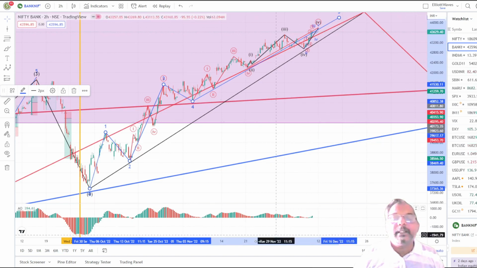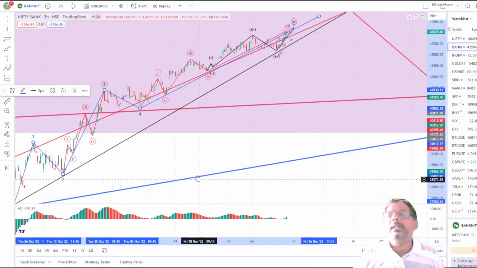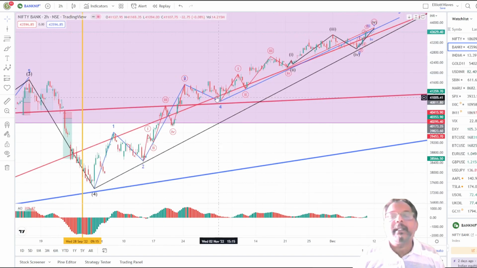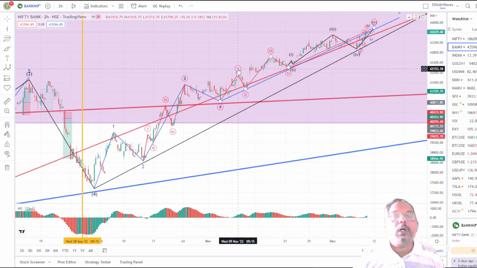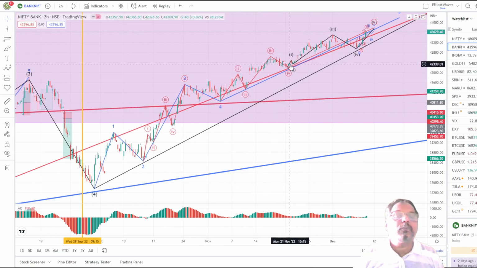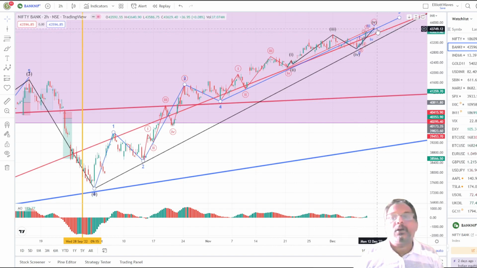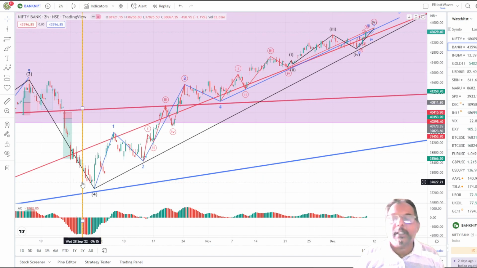Then let's zoom in a little more and talk about this last 5th, which is a 1, a 2, a 3, a 4, and again we are in the 5th. Within that 5th also we have got 1, 2, 3, 4, and then we are on the 5th.